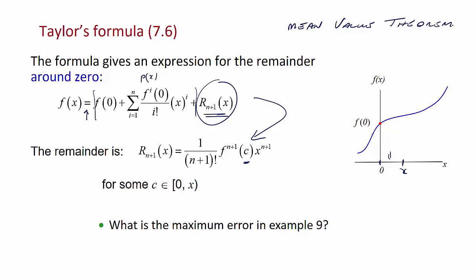So c lies in there somewhere. We don't know where it is, but the mean value theorem tells us that there is some c that will give us this remainder. We don't need to go into that proof, but it's there. What we can do, though, is that sometimes we're not interested in the exact remainder, we're looking at the maximum value, and then we can choose a particular c.